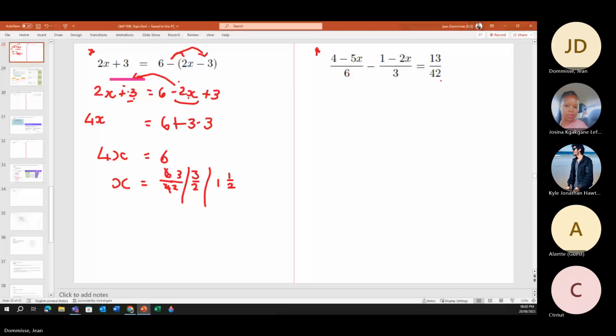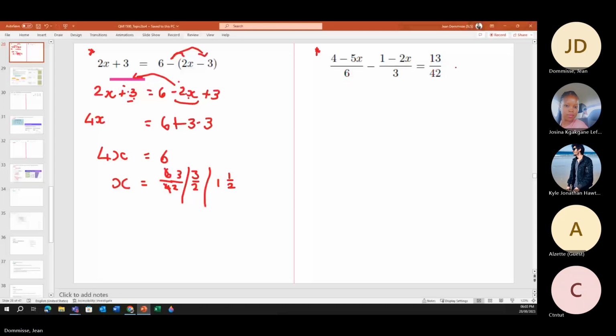But let's see if we can simplify anything. That also doesn't look possible because 13 is a prime, so we can't divide 13 and 42 to get something smaller. So we will need to rather work with the 42.